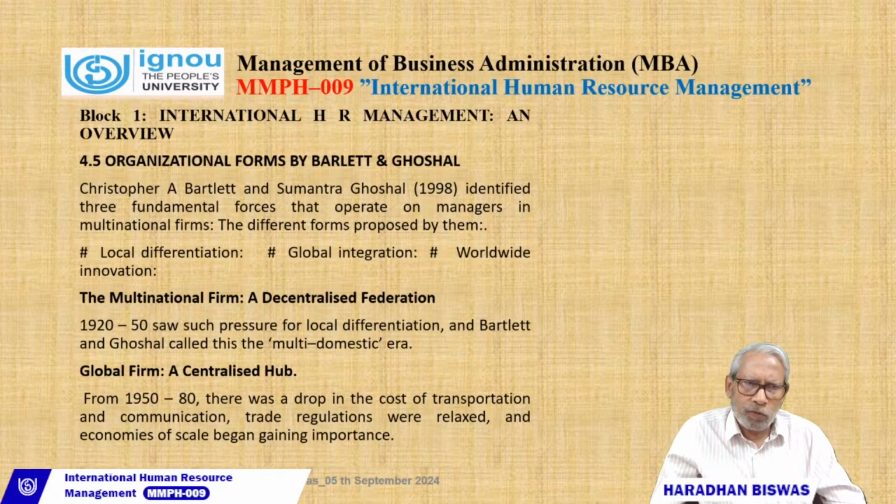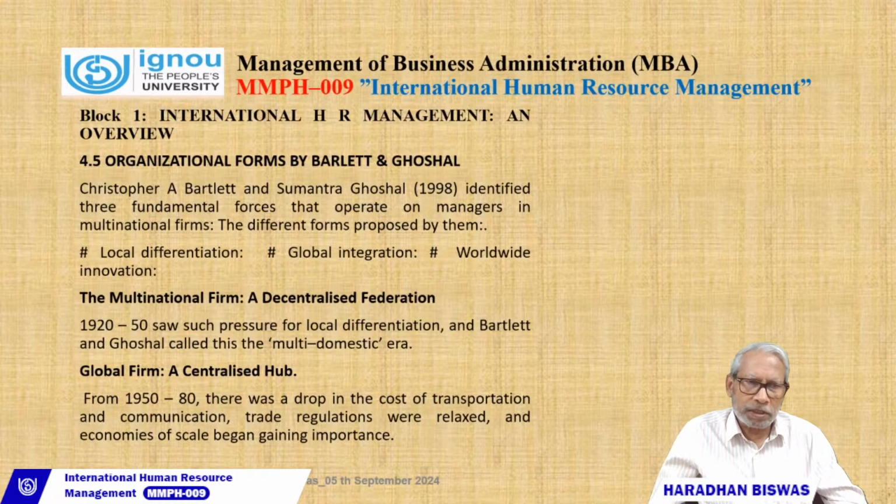Now, global firms, a centralized hub, from 1950 to 80. You see the stages: from 1920 to 50, now it is 1950 to 80. There was a drop in the cost of transportation and communications, because a lot of communications were developed, and transportation was also very easy at that time. A lot of aviation systems, cargoes.